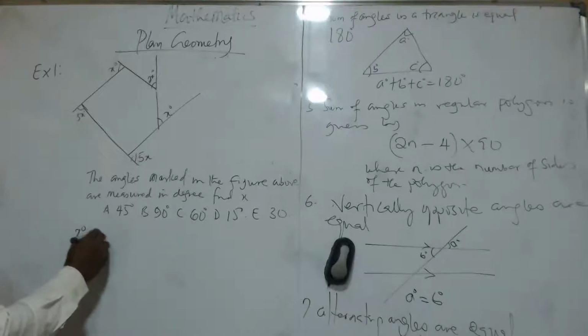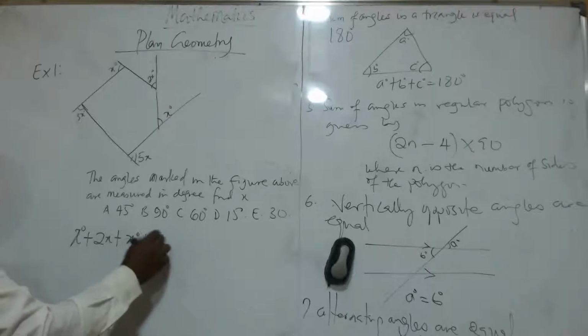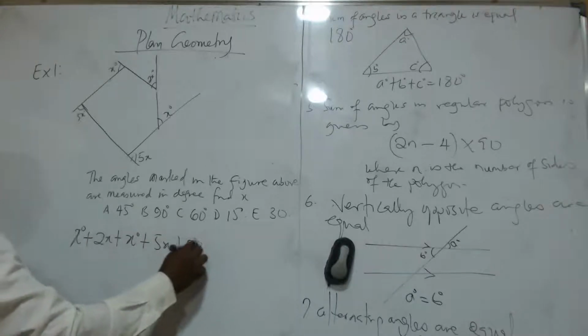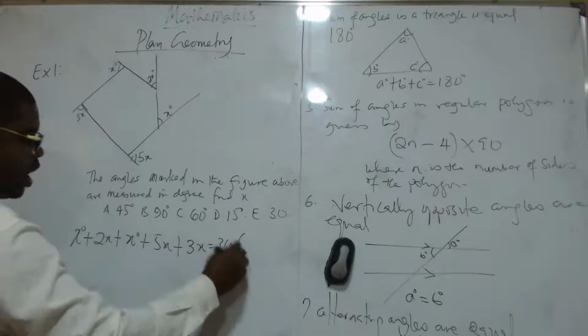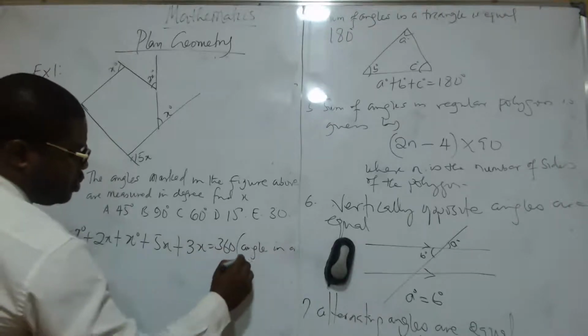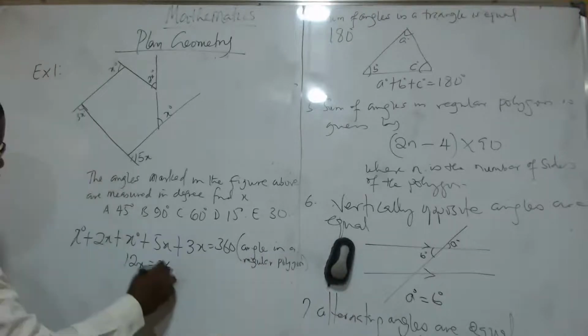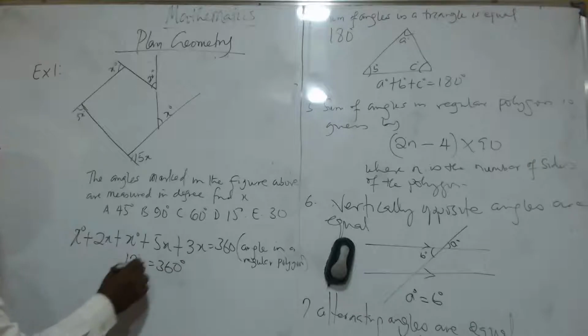So have you known that you're going to have x plus 2x plus x plus 5x plus 3x equals what? 360. Why? Angle in a regular polygon is 360 degrees.